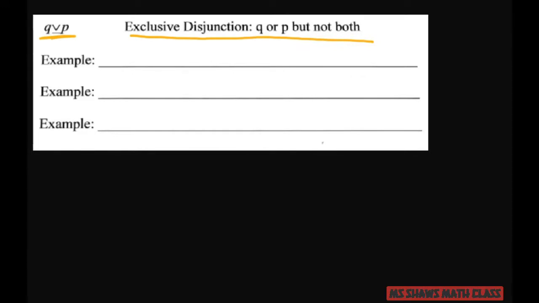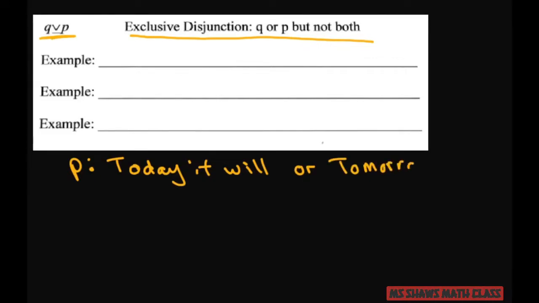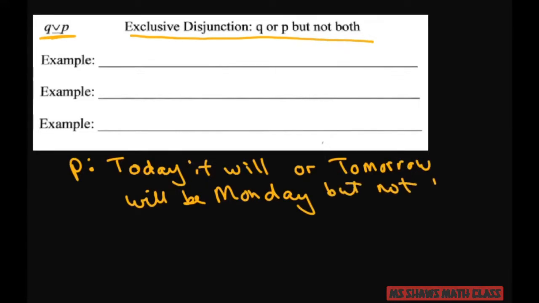Today it will rain, or tomorrow will be Monday, but not both. So when you see this symbol, that's exclusive disjunction.